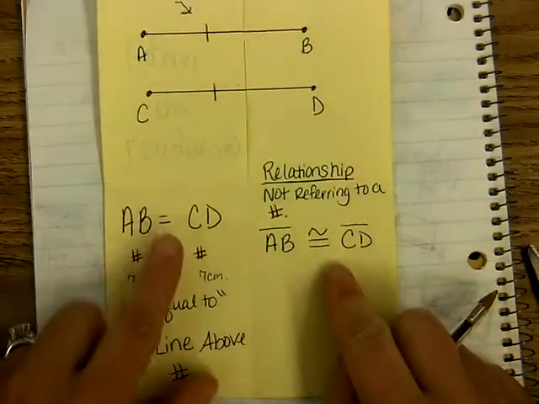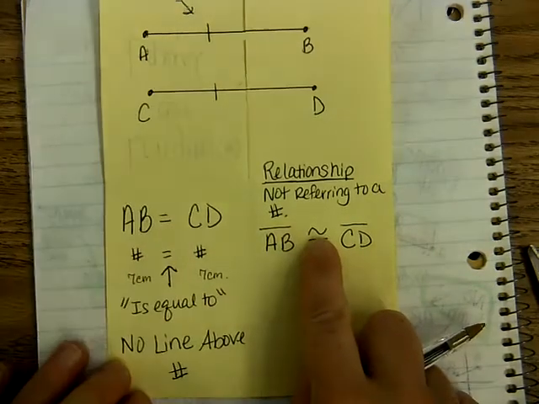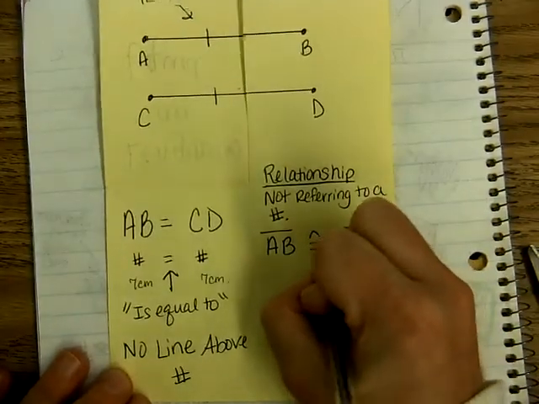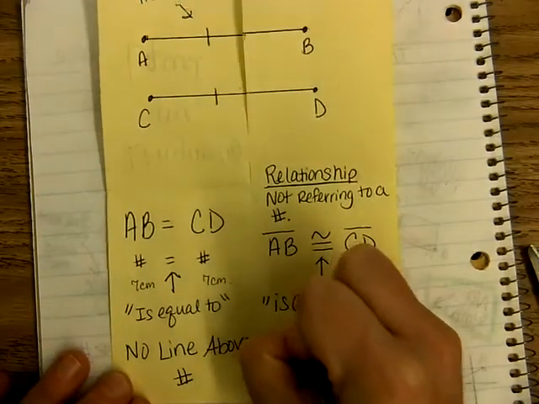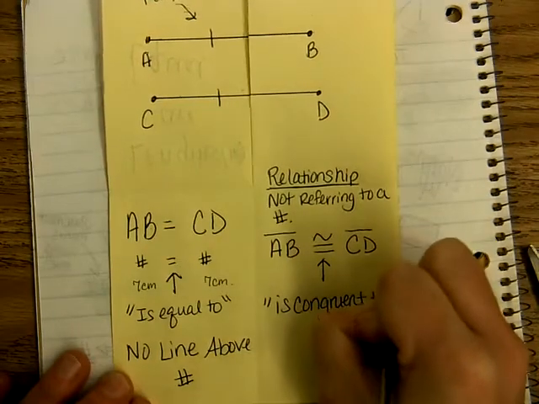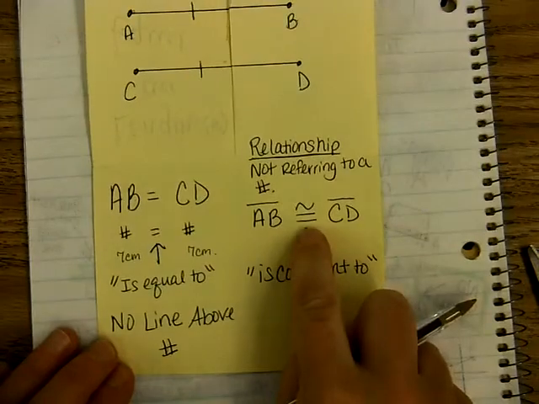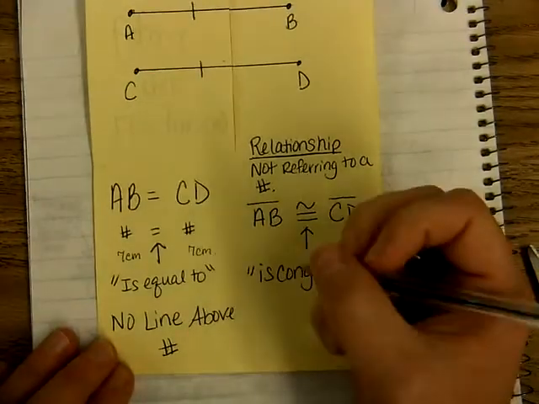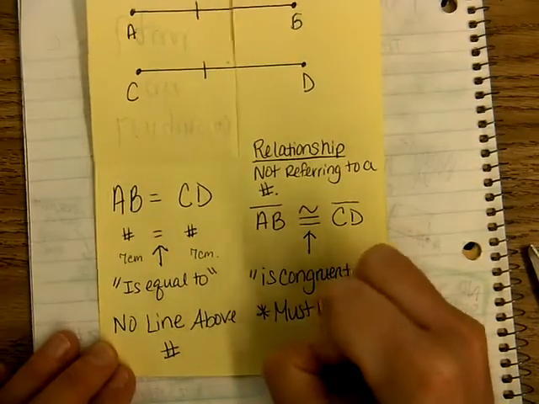The congruent symbol is very similar to the equal symbol, but it just has a tilde above it. And what this symbol means is congruent to. If you're talking about congruence, you must have a symbol above.